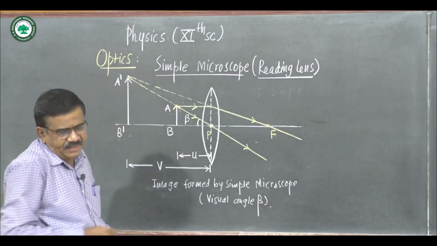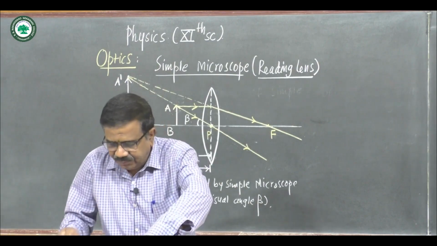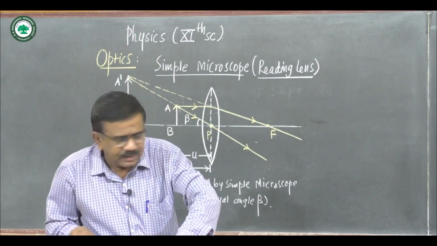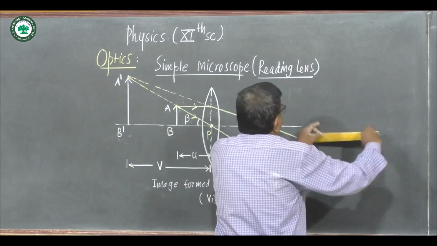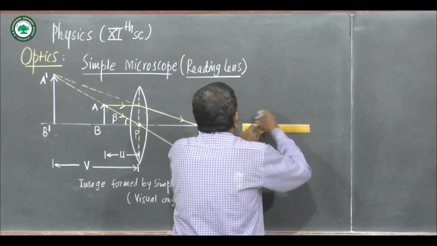If the same object we can see directly without using the lens, its observed size is maximum at ddv. See second figure.